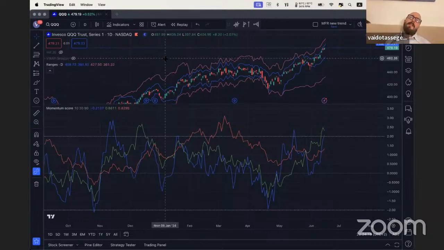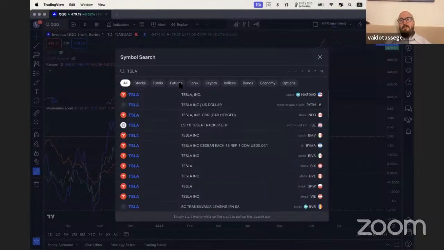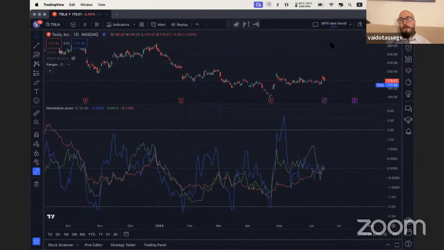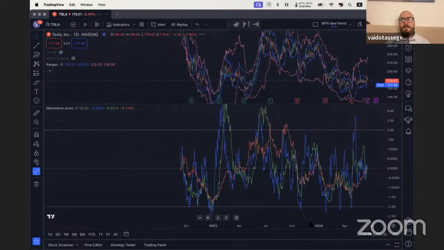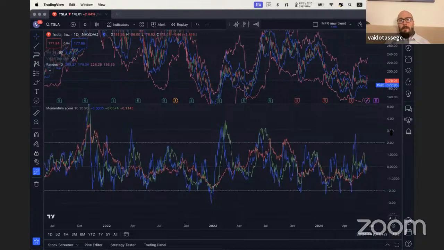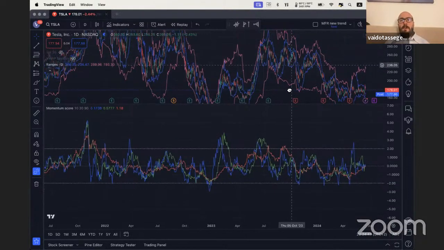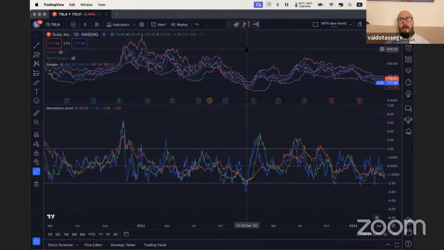Now I mentioned that you need to choose the level that is relative to that asset. So how do I do that? For example, if you go to, let's say, Tesla, the best is simply to zoom out as far as you can, and you will see all the major reversals that happen.